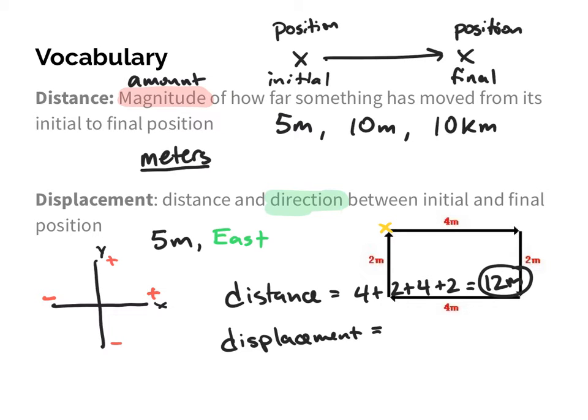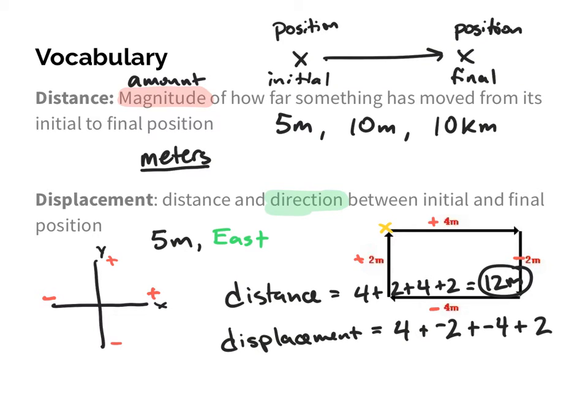So what happens here with displacement is when I go 4 meters to the right, that's a positive 4. When I go 2 meters down, that's a negative 2. When I go 4 meters left, that's a negative 4. And when I go 2 meters up, that's a positive 2. So adding these up and paying attention to direction, I would have 4 plus negative 2 plus negative 4 plus 2.